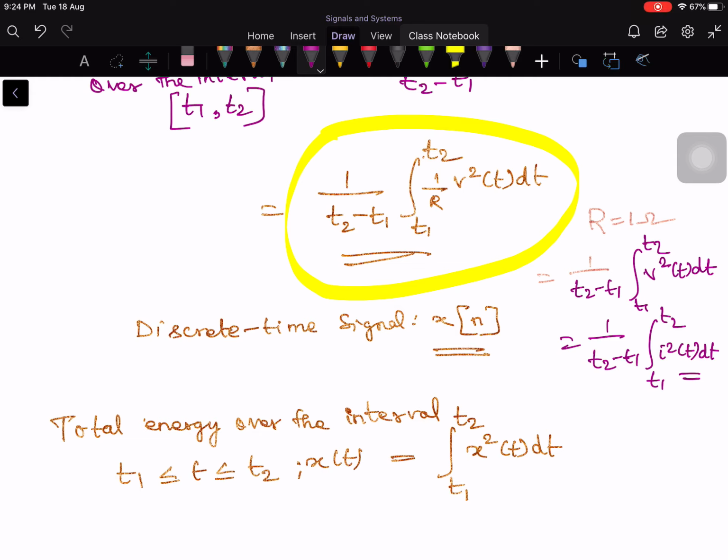So in signals and systems, mostly we will assume R equal to 1, so that it simplifies the notation and our calculation. So for that reason we do that.